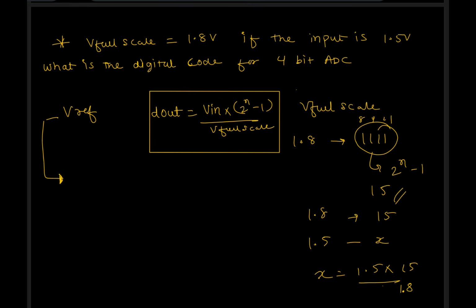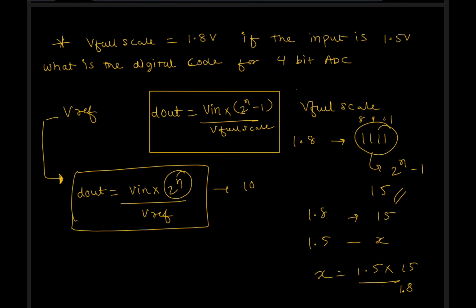To make it more understandable, we have D out is equal to V in into 2 raised to n divided by V reference. Remembering 2 raised to n is much simpler. That's why, to have a direct relation with 2 raised to n, we have a V reference to make the calculation simple.